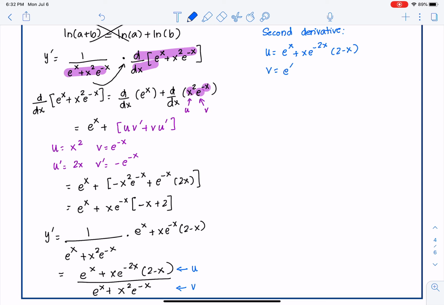V is e raised x plus x squared e raised negative x. U prime would equal the derivative of e raised x, which is e raised x, plus that.